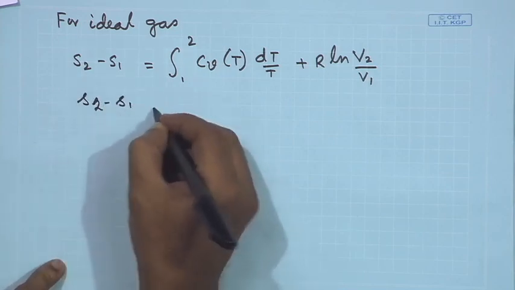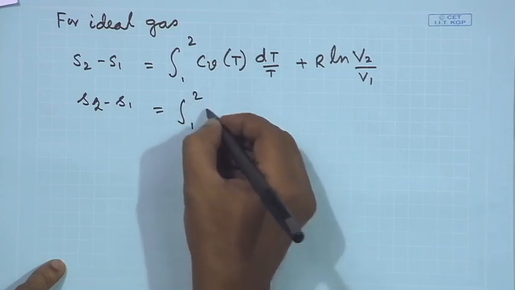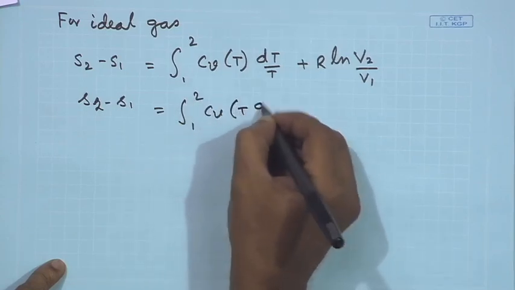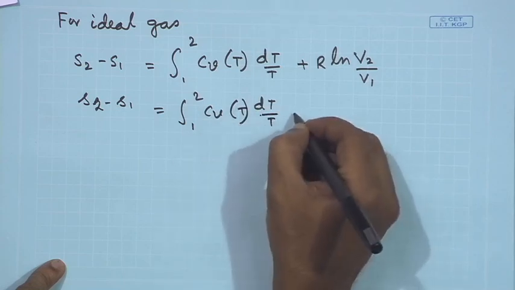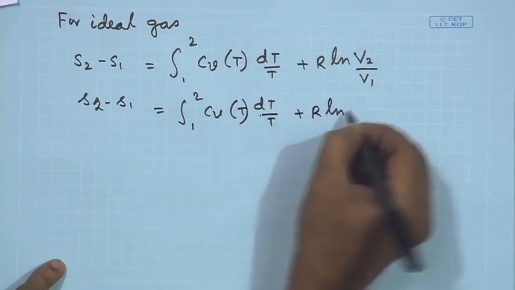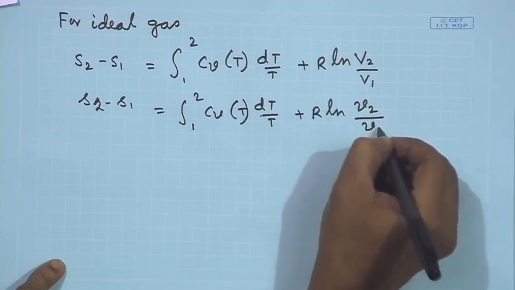S2 minus S1 is equal to integral from 1 to 2 of Cv(T) dT by T plus R ln V2 by V1.